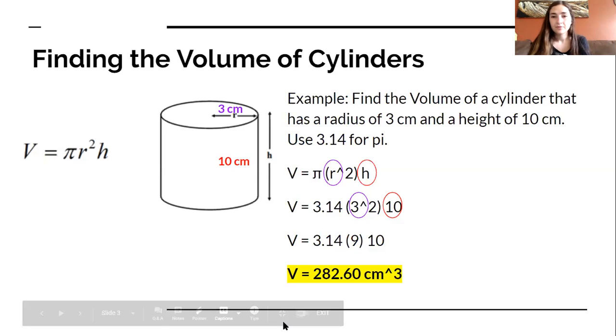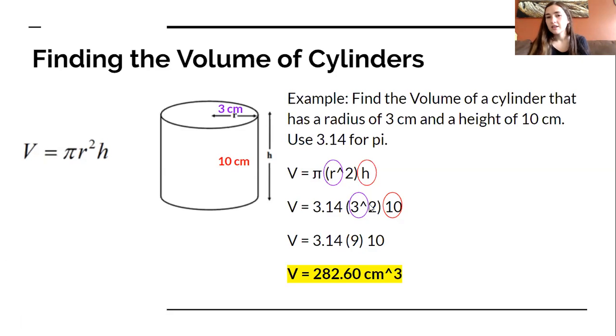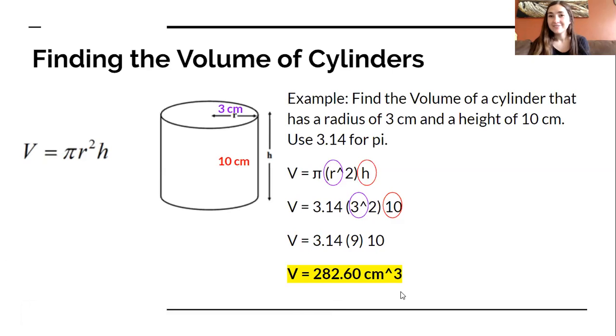In the example we did 3 squared, so it's 3.14 times 9 times 10. Then we should end up with 282.6 centimeters cubed. In volume, we always have cubed as the units. All right? Thumbs up, thumbs down. Think for yourself. Does this make sense?